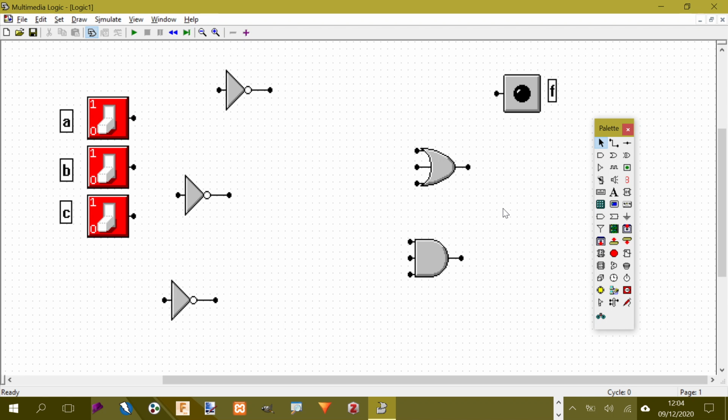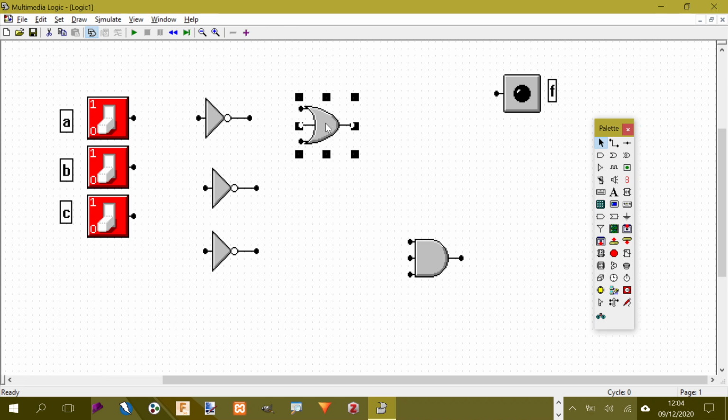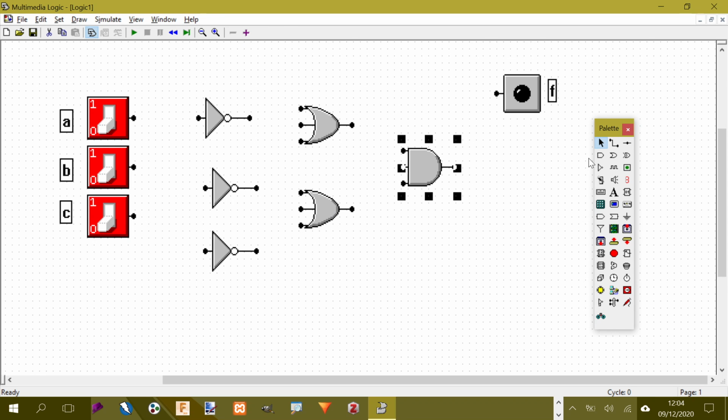Okay, so back in multimedia logic, and we have A, B, and C inputs here, and we've got 3 NOTs, and we've got our OR gate, and we're going to need 2 of those, and we've got our AND gate, which is going to be connected off to the F output.